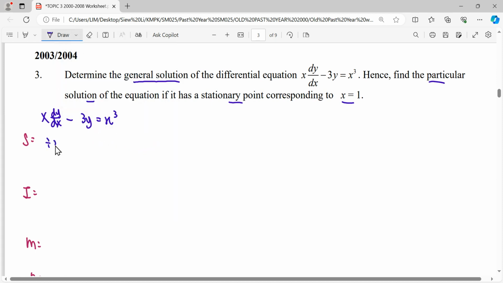So we divide by x, so that dy/dx has a coefficient of 1 only. When we divide this, it will be minus 3 over x times y, then x cubed divided by x becomes x squared. So this is the standard form that we want: start with dy/dx, followed by the term y, and then the term in x on the right hand side, with dy/dx starting with a coefficient of 1.